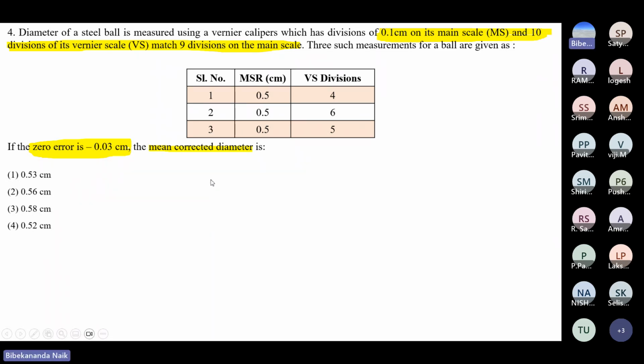So let's discuss the problem. It is given that the diameter of the steel ball is being measured using a vernier caliper, which has divisions of 0.1 centimeter on its main scale. First we want to calculate the least count. Since the main scale has divisions of 0.1 centimeter, the least count is 1 main scale reading minus 1 vernier scale reading.